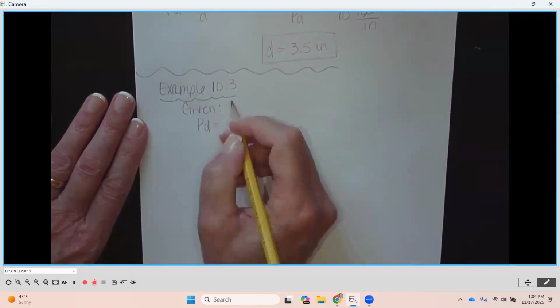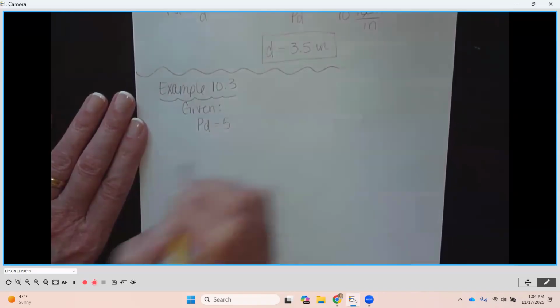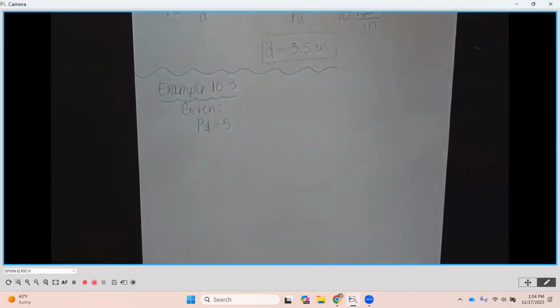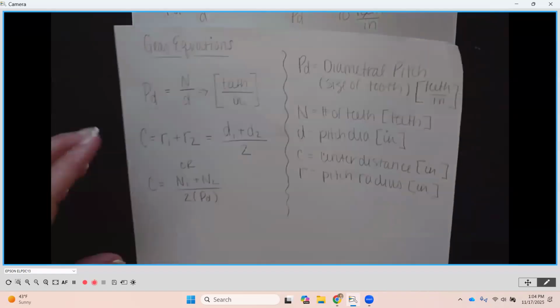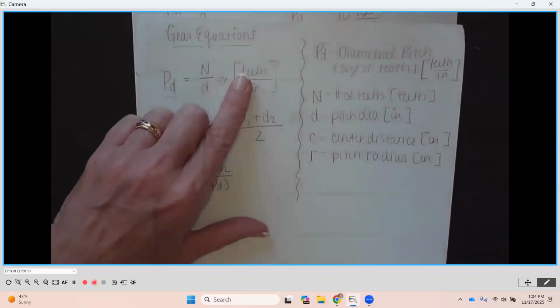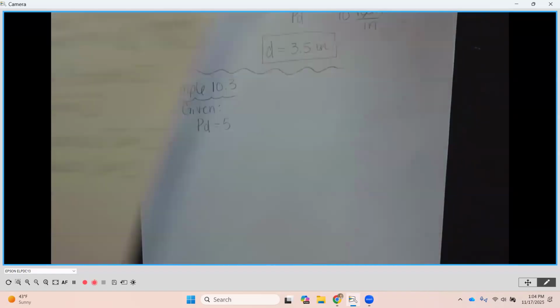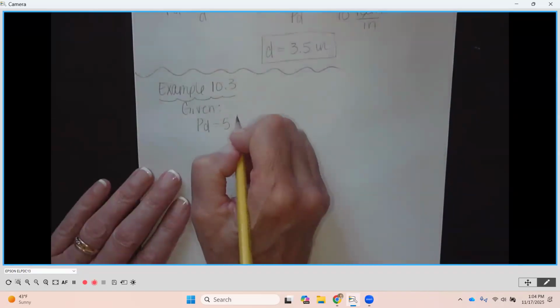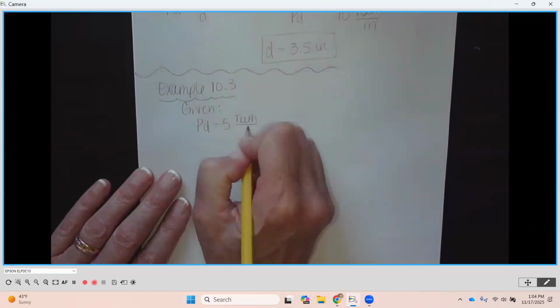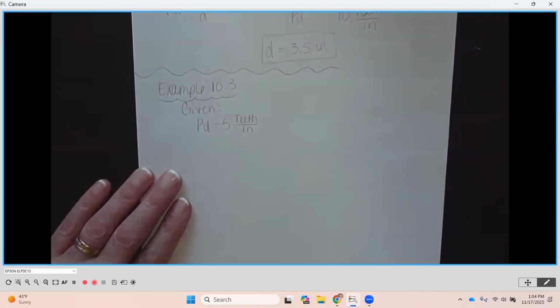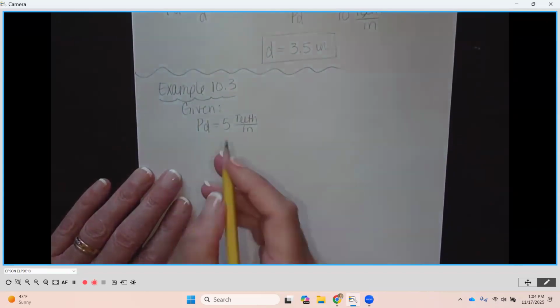Diametral pitch is equal to 5. Now remember, it didn't give us any units in the problem, and it won't. But we know that the units for diametral pitch are teeth per inch. So we want to add that here because we want to make sure that we include those in our equation.